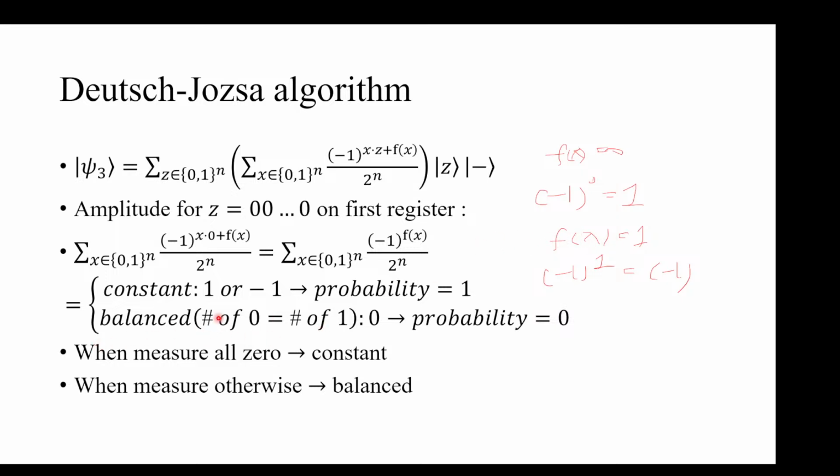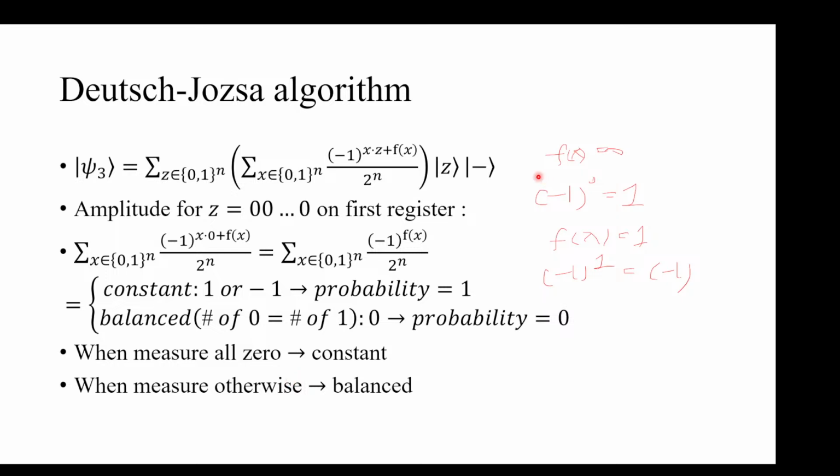When you have a balanced function, the number of 1s and the number of -1s will be the same. So when you do the summation, the 1s and the -1s cancel each other, the amplitude will be 0, and you have probability 0 of getting the all zero output.